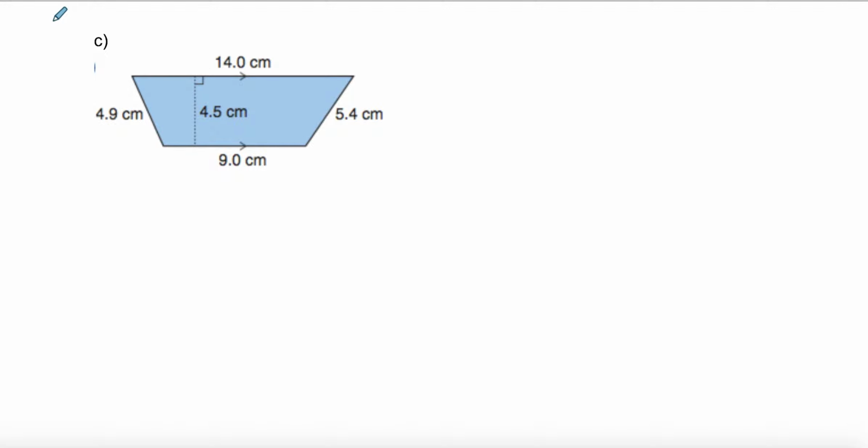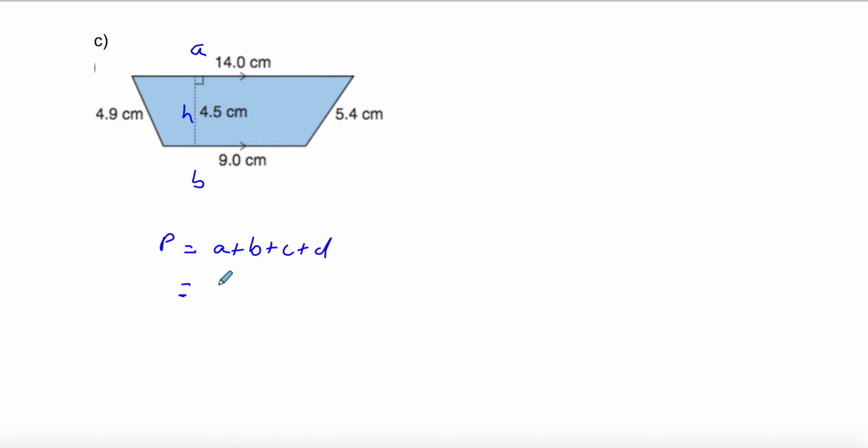Then you see this, and you might be thinking, whoa, okay, so this is a trapezoid. In the diagram on the formula sheet, they say this is the A, and this is the B, and this is the height. And if you're asked for perimeter, we can add up all of the sides, A plus B plus C plus D. Sometimes you might have seen teachers write side 1 plus side 2 plus side 3 plus side 4.